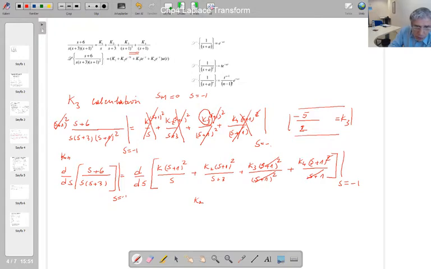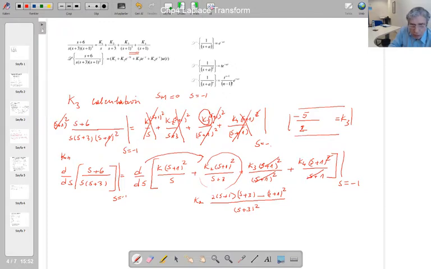The derivative of the numerator is 2(s plus 1), multiplied with the denominator, s plus 3, minus the derivative of the denominator, which is 1, multiplied with the numerator, (s plus 1) squared, over (s plus 3) squared, isn't it? That is the derivative of it.